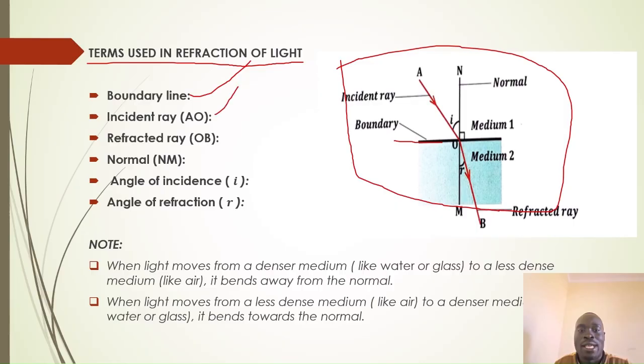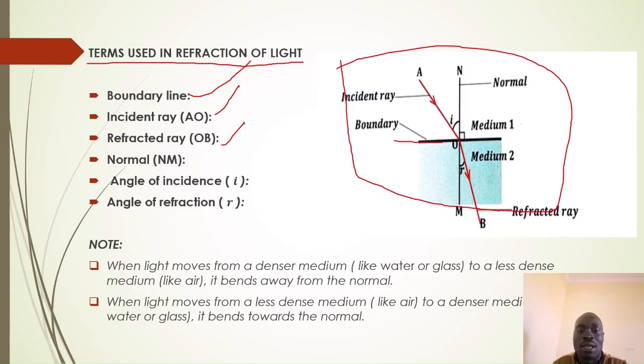The incident ray AO is the ray of light that hits or falls on the boundary from the first medium. Then the refracted ray OB is the ray of light that leaves the boundary into the second medium. It is on the opposite side of the incident ray.